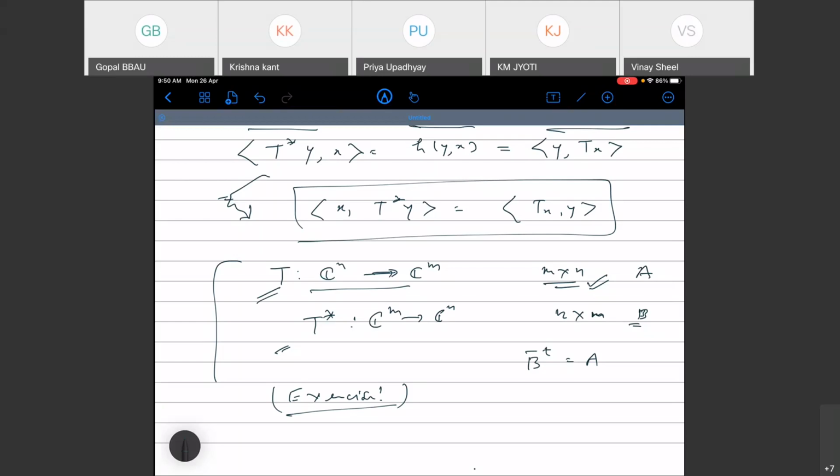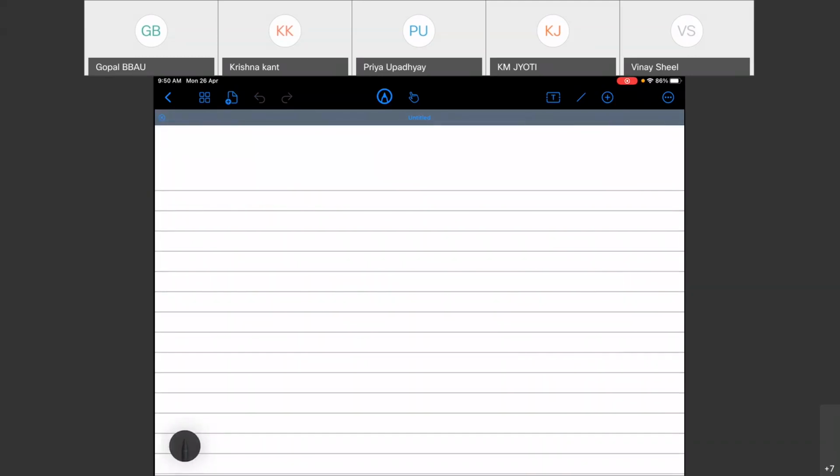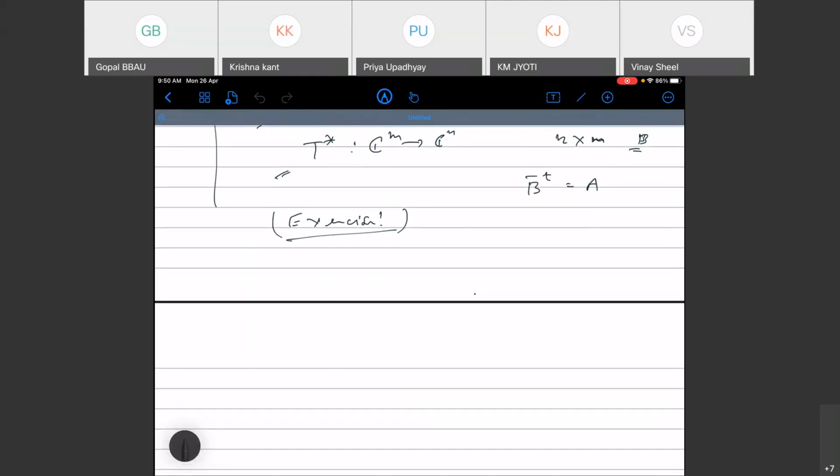Okay, and one more exercise for you. Prove that if you have the zero operator, zero from H1 to H2, this is a linear operator, prove that its adjoint is 0. 0 star is 0.